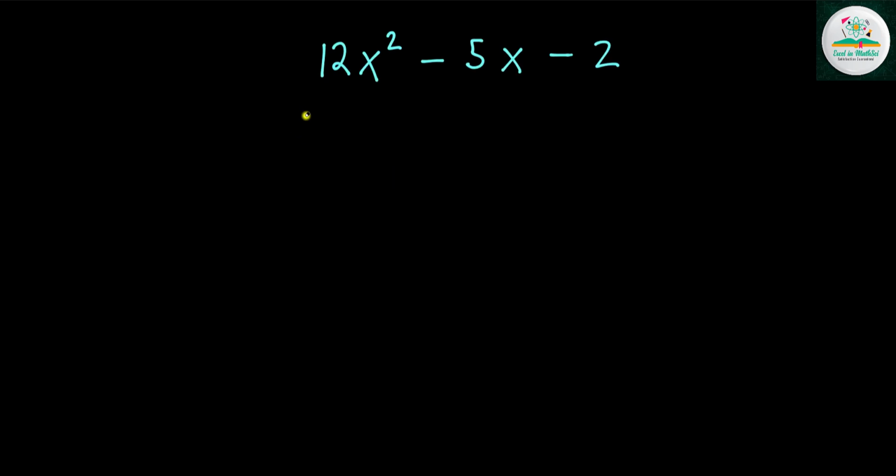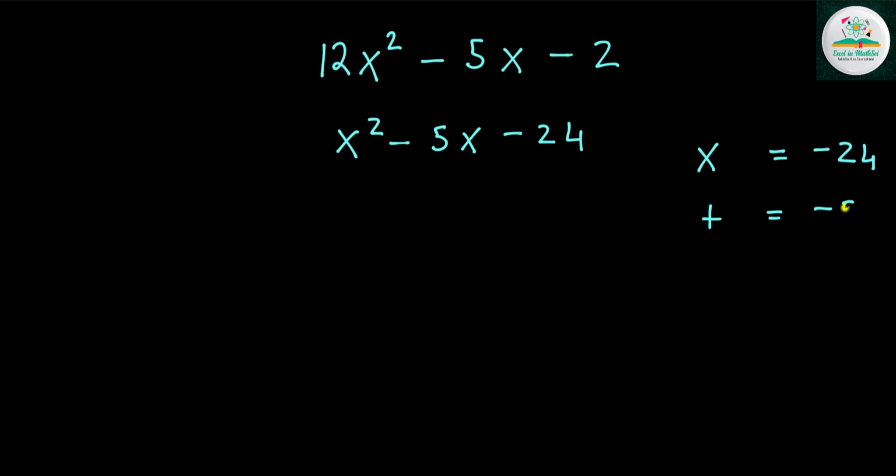Okay, let's have a look at another one. So this time we've got 12x squared minus 5x minus 2. Once again, we take this 12 and multiply it by this 2, and we get x squared minus 5x minus 24. Once again, we're looking for factors of 24 which multiply to give me minus 24 but add to give me minus 5.